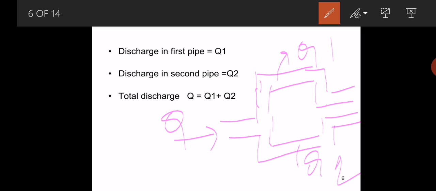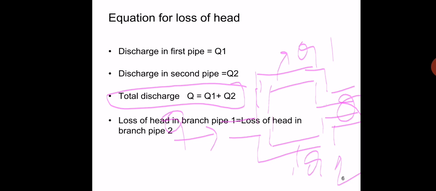Here Q1 is the discharge in the first pipe and Q2 is the discharge in the second pipe. The total discharge Q becomes Q is equal to Q1 plus Q2. The loss of head in branch pipe 1 is equal to the loss of head in branch pipe 2.